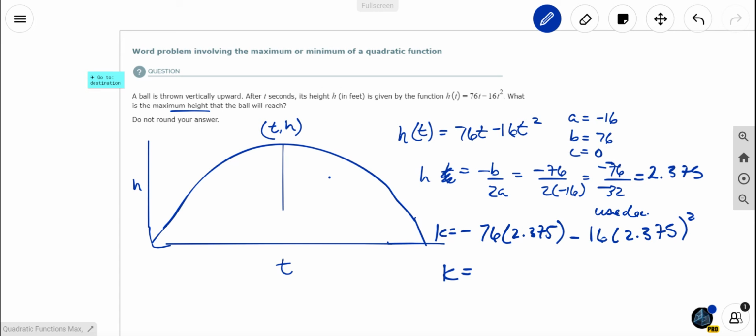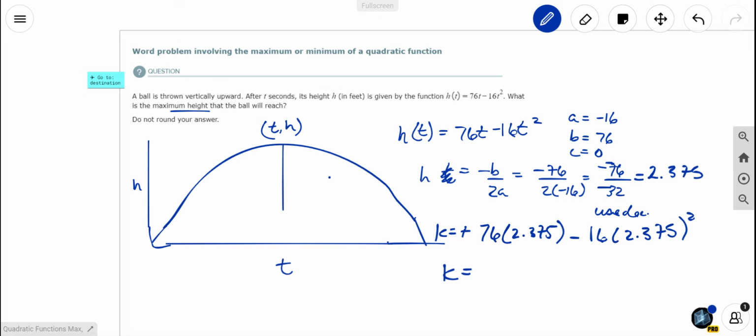Oh, I put negative 76. I need to put positive 76. I was like, that's going to be a negative number. That can't happen. So you're going to put this in a calculator and you're going to get k, and that's how you're going to get the height. That's the answer. It says do not round your answer, which I find interesting.